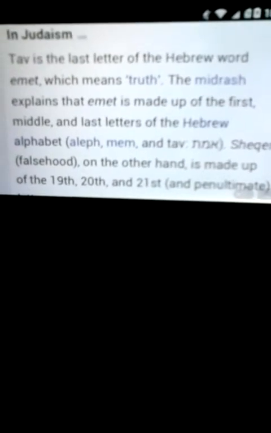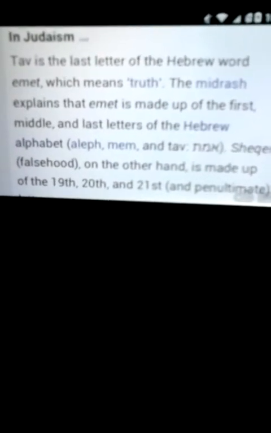Similar to the word Tav, you see here, T-A-V is the last letter of the Hebrew word emet, E-M-E-T.